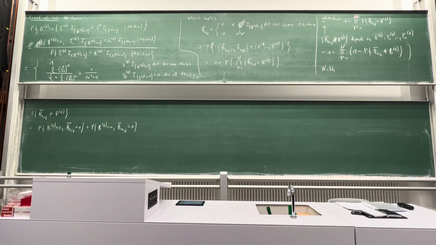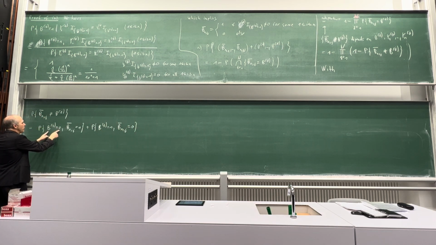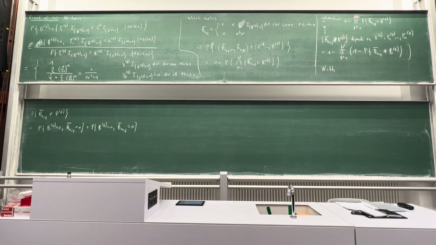Maybe someone else this time? Someone else has an idea? So maybe look at the first one. What must happen if Bj is 0 and B and J bar must be 1? I think the probability of the first term must be 0. The probability of the first term must be 0, that's correct.